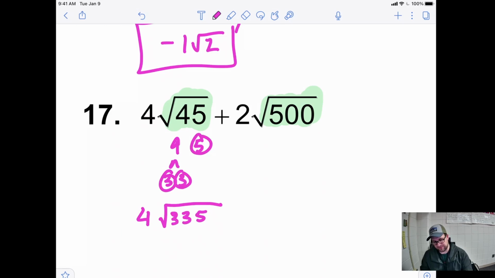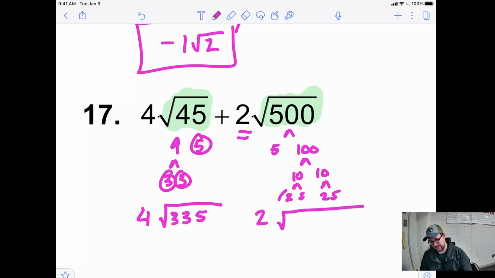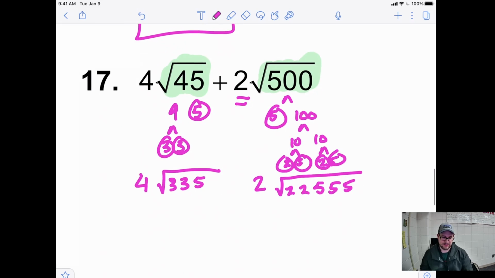Now simplifying 2 square roots of 500, this would be 5 and 100 is 10 and 10. Actually, 10 is 2 and 5 and 2 and 5. So I'm going to keep my 2 on the outside, and then I'm going to have 2, 2, and it looks like we have 3 5s over here. So 2, 2, 5, 5, 5. Since this was being added, we'll put a plus in between.